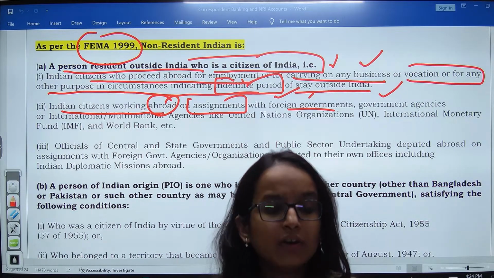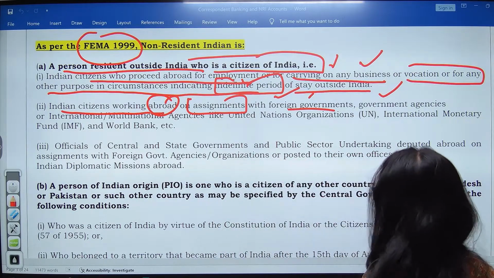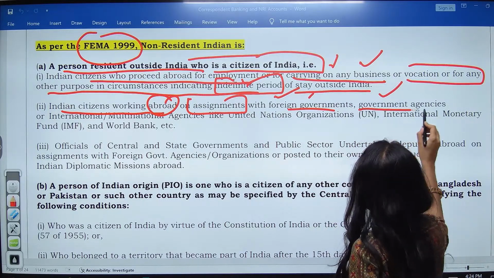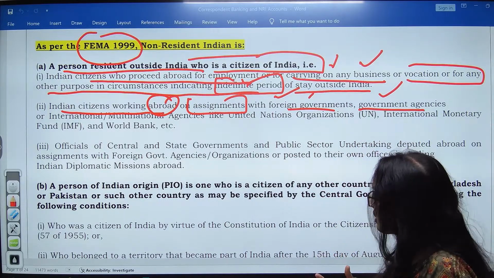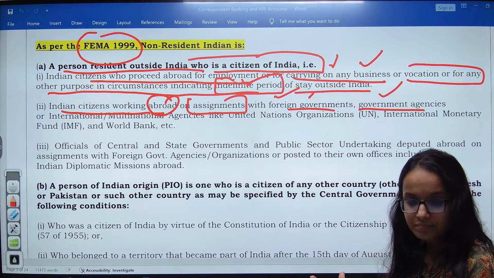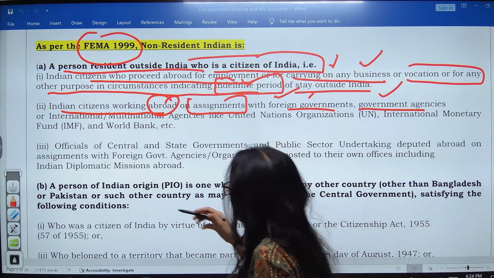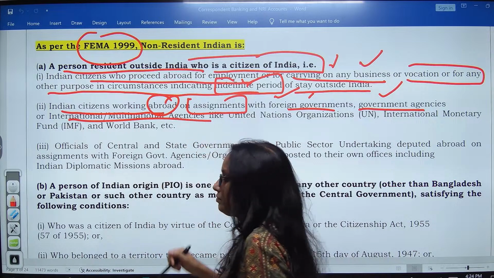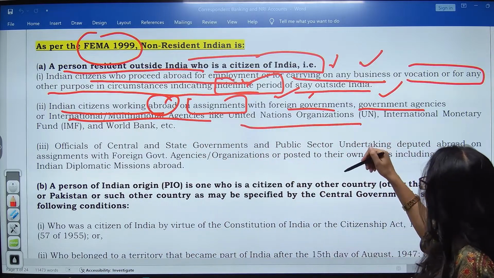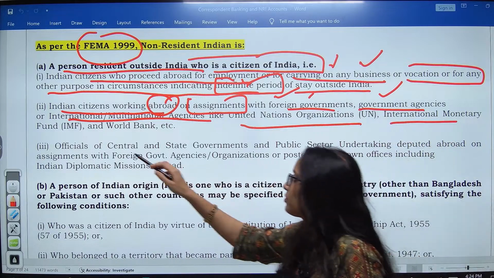So they can also be classified as NRIs: Indian citizens working abroad on assignments with foreign governments, government agencies, or with institutions like IMF, World Bank, right? International or multinational agencies like UN, United Nations, IMF, World Bank.